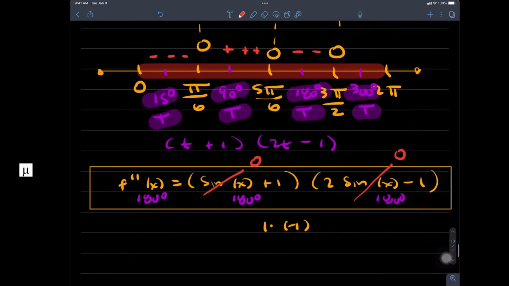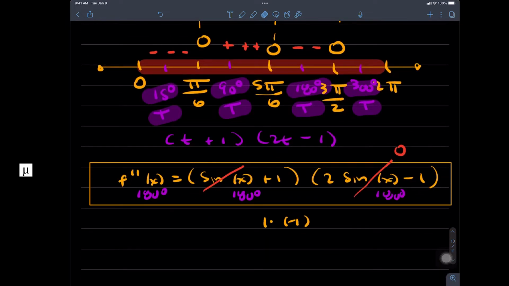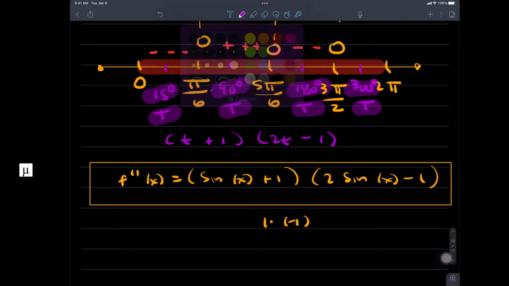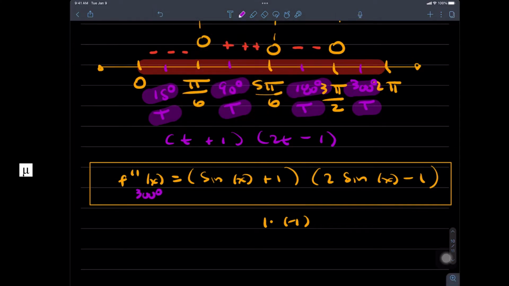300 degrees. Okay, let's test that one. So we're going to plug in that 300. This is where we're going to use the TI again, because even though we can do it manually, it's a lot harder.